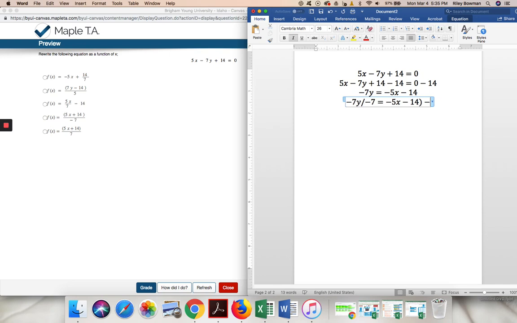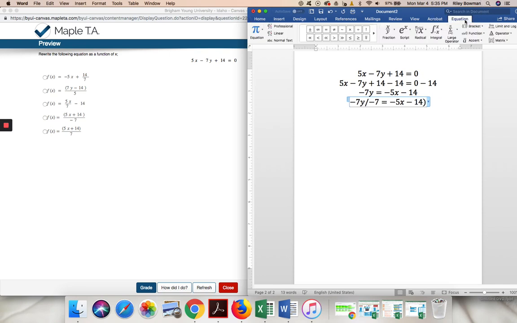I'm going to use the equation tool to give us a fraction. I think I can do it with some parentheses and then press the space bar and it will move that to a fraction. There we go. Pressing the space bar automatically does it for me. Sorry about that.